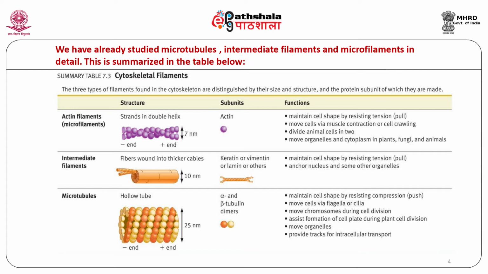Microtubules are long and straight and typically have one end attached to a single microtubule organizing center, that is the MTOC, called the centrosome, as shown in the figure, where we can see the centrosomes. The subunits of these filaments are alpha and beta tubulin dimers.